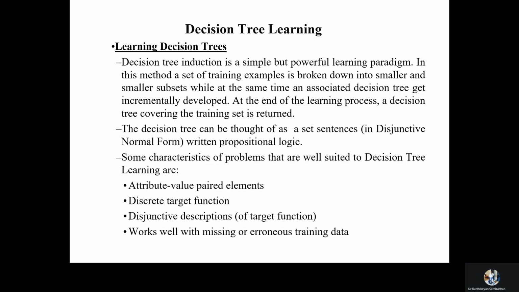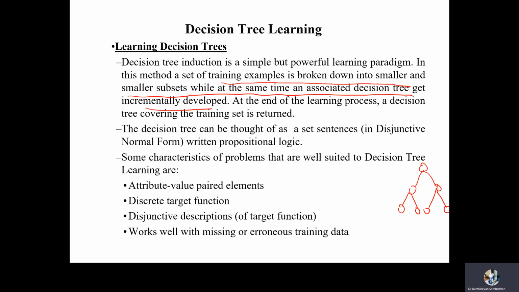In this method, the set of training examples is broken into smaller and smaller subsets, while at the same time an associated decision tree gets incrementally developed. You can start with one tree and develop it incrementally, dividing the set of training examples into smaller subsets.